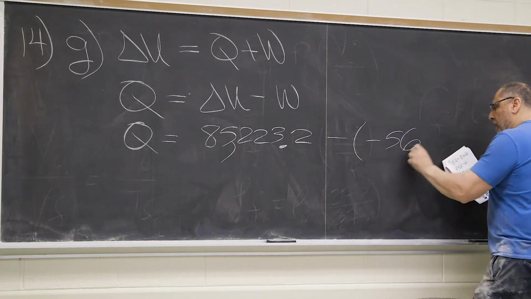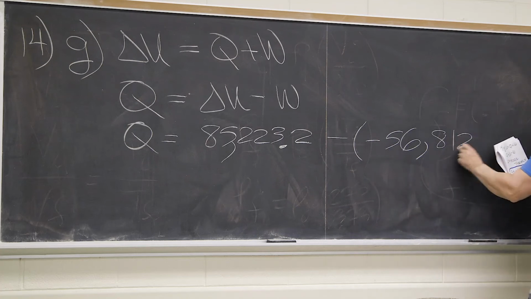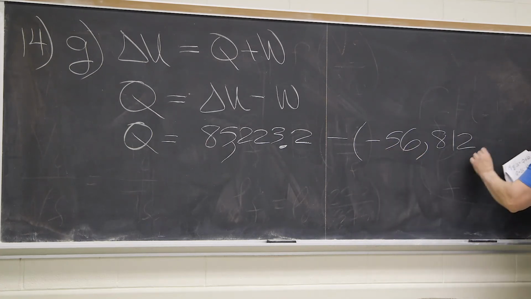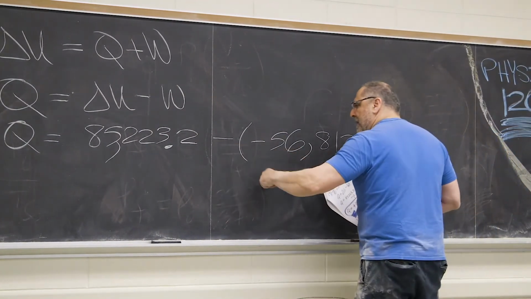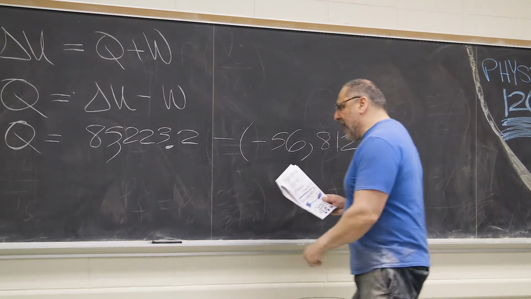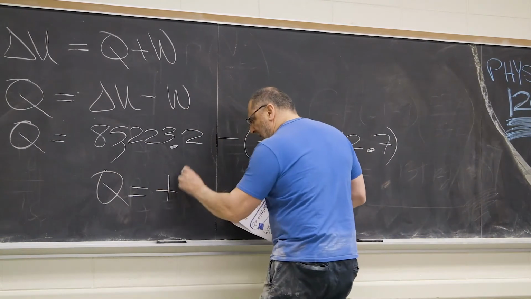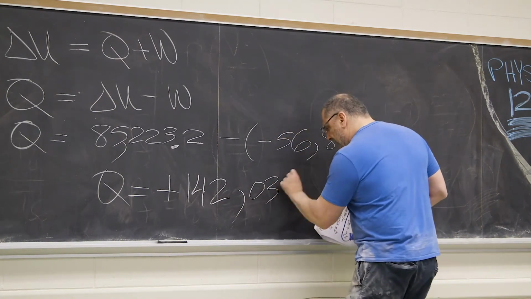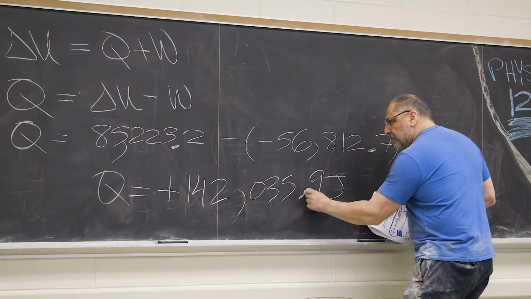Minus the negative work, minus the work that this thing did on the environment. It did all this work on the environment, so it lost this capacity to do work. Even that had to be accounted for. Minus a minus is plus. Sure makes a lot of sense, guys. Q is plus 142,035.9 joules.